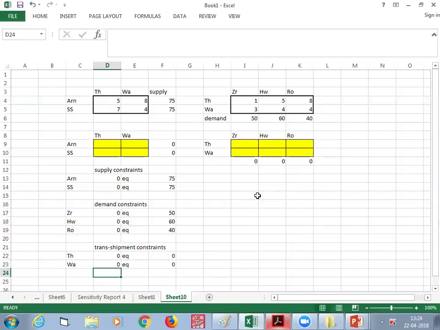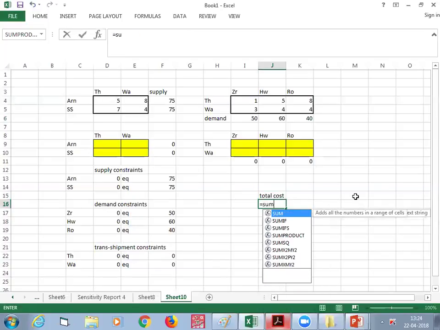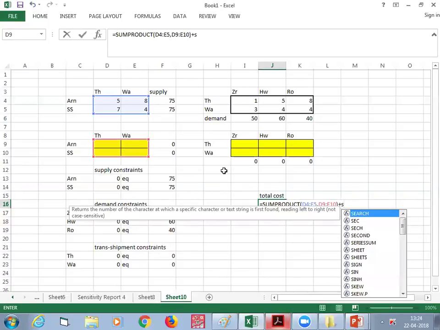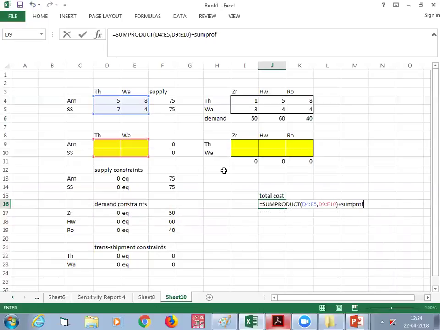Okay, and we'll put our total cost over here. So sum product of this with this, plus again sum product of this with this. Okay, so both together.